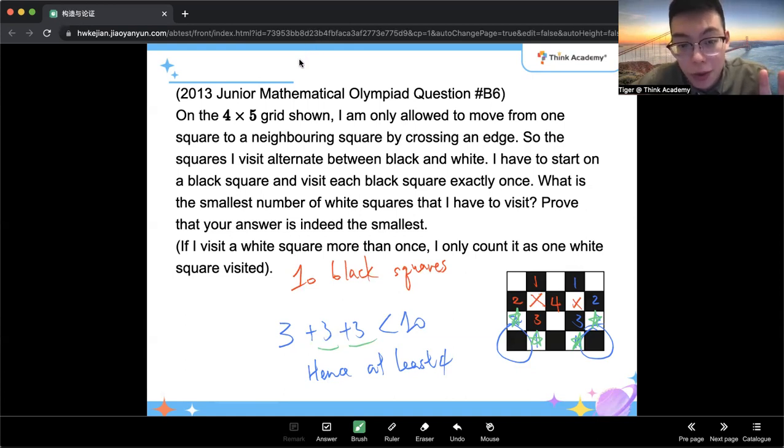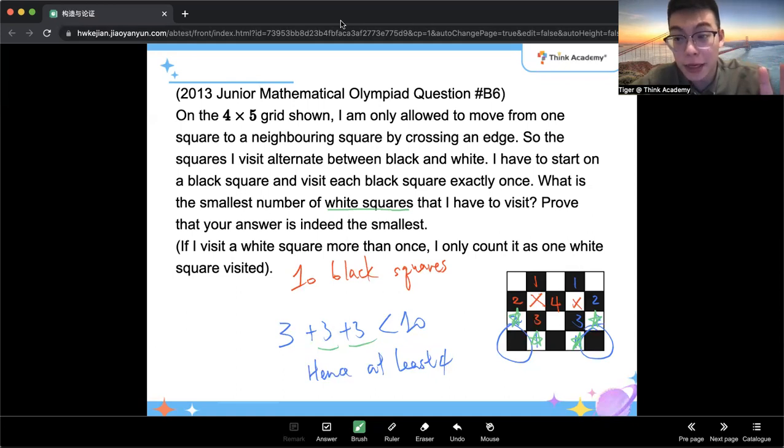Yes, I know, we have to start from black square. But then the thing is that I need the white squares to connect the black squares, yeah? And it is asking you what is the smallest number of white squares that you need. So it's not about how you move. So if you think about this question as if you are moving it, then you have fallen into the trap.